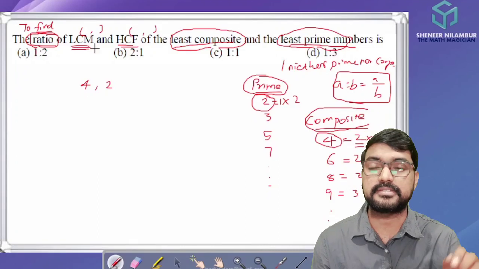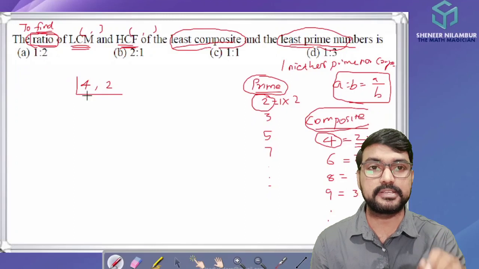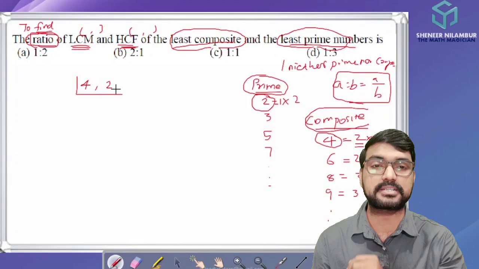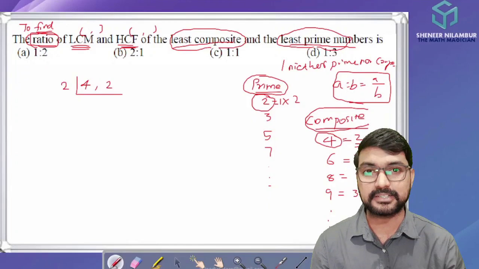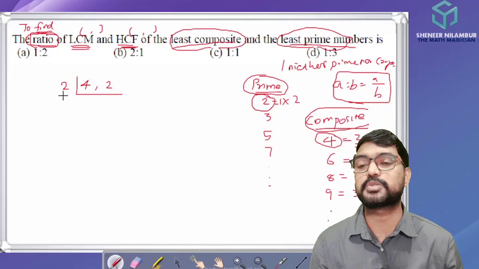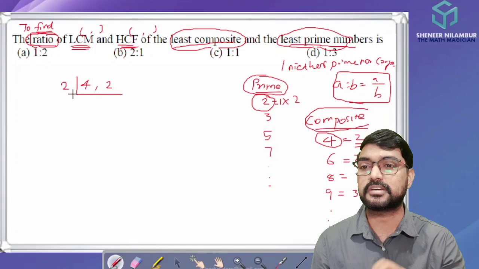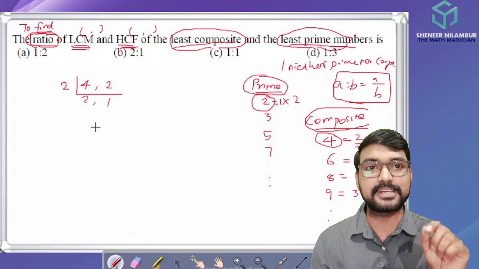We can factorize. Here 4 is the least composite number, 2 is the least prime number. For their factorization, 4 and 2 both have 2 as a common factor. So we can factorize with 2. We get in 4 there are 2 2's, in 2 there is 1 2. So we got 2 as the common factor.